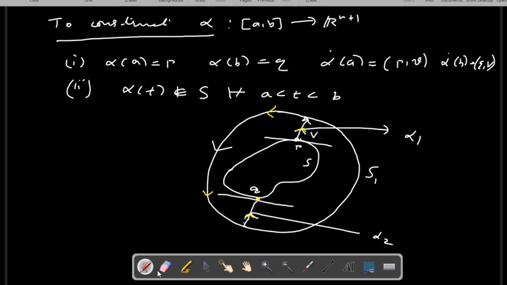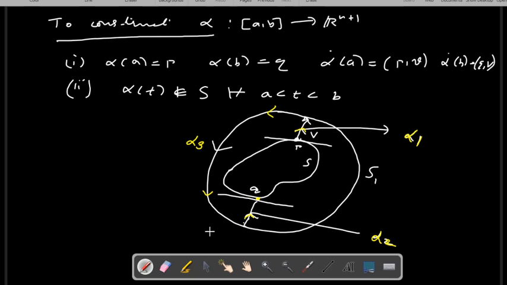So I have three continuous connected paths. I will name this alpha 3, this alpha 1, and this one alpha 2. So alpha 1, alpha 3, alpha 2 together make a path alpha that connects P to Q. What is the peculiarity of this? P is in S, Q is in S, but all the other points you can see in this path are outside S, correct?